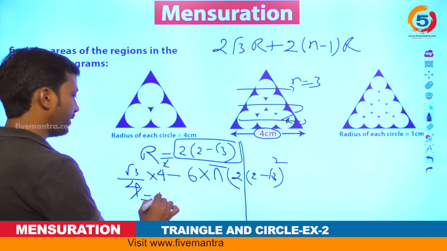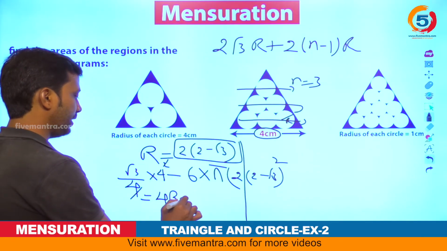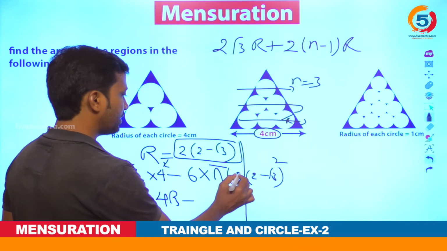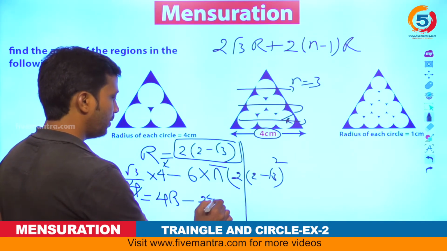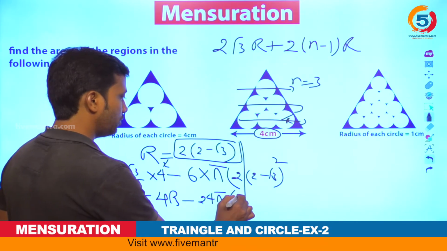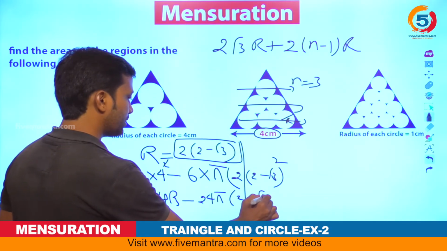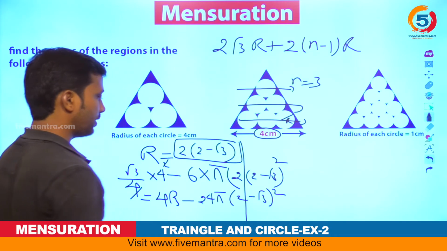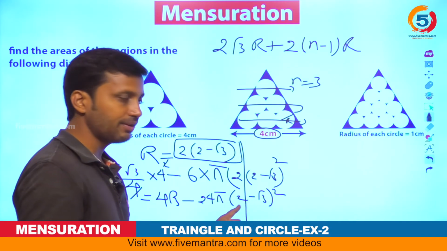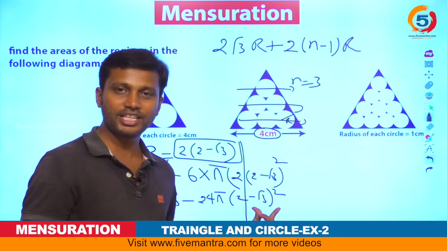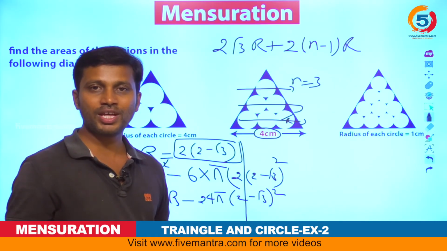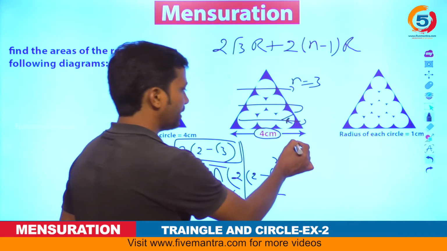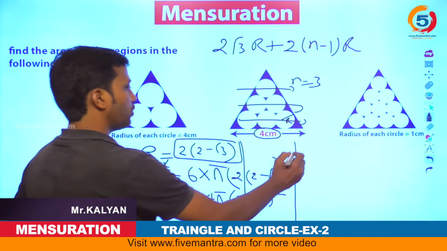So finally what we are getting? 4 root 3 minus 6 into 2 square, that is 4, 4 into 6 is 24, pi into (2 minus root 3) whole square. Further, if you want to simplify using the algebraic identity, (a minus b) whole square is a square plus b square minus 2ab.